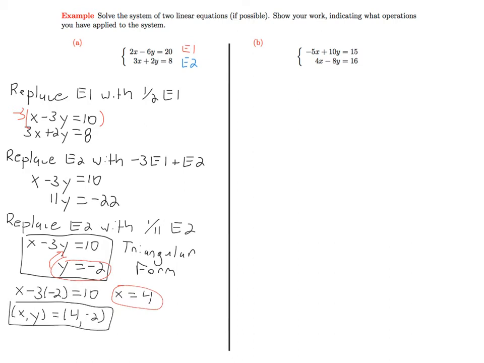And we can check our solution. Not a bad idea to take these values for x and y, plug them back into the original equations and make sure they satisfy both of those equations.